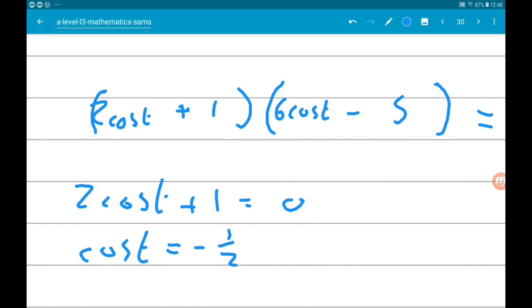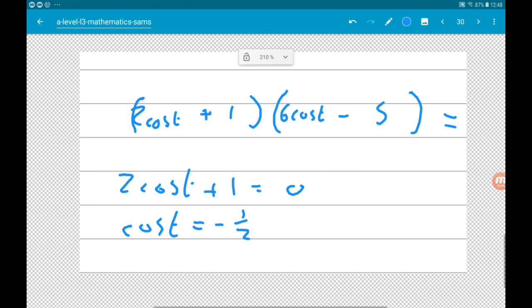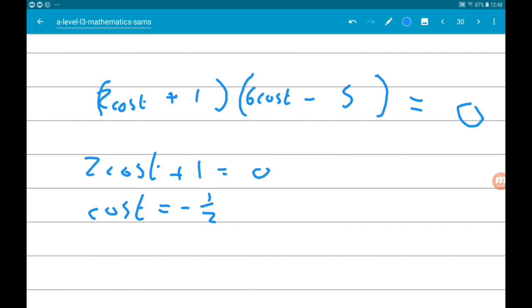But that's what we were playing around with in part B, so we're not interested in that one.